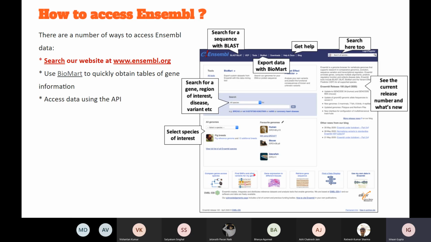You can find SNPs or other variants in the gene of interest. So you ask what mutations are present in the populations of that species in that gene. You can look at the gene expression in different tissues for your gene of interest. You can retrieve the gene sequence. You can find data display, so basically some visualization tools, and you can also link your own data with Ensembl.